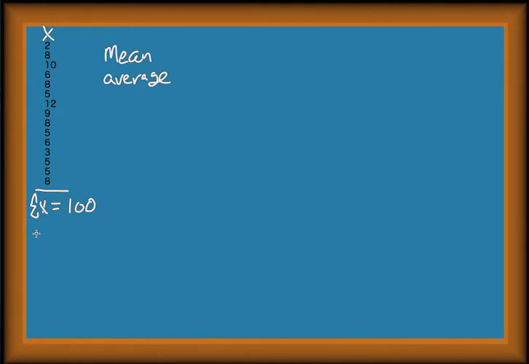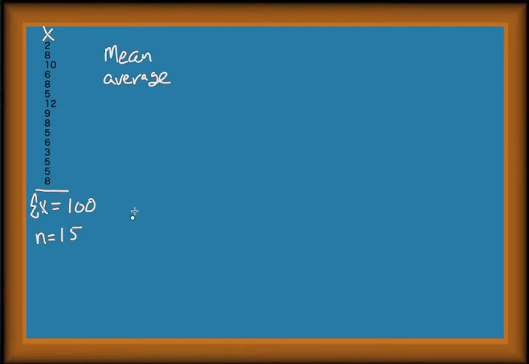The number of data values in a data set, we're going to use the letter n for that. So if we count them, we have 1, 2, 3, 4, 5, 6, 7, 8, 9, 10, 11, 12, 13, 14, 15 values.